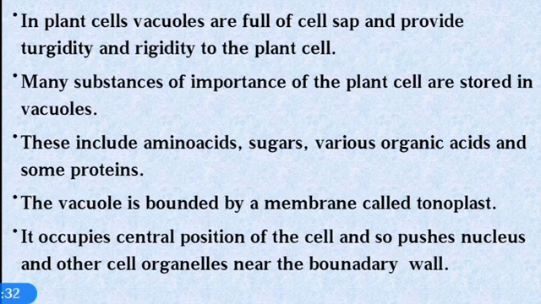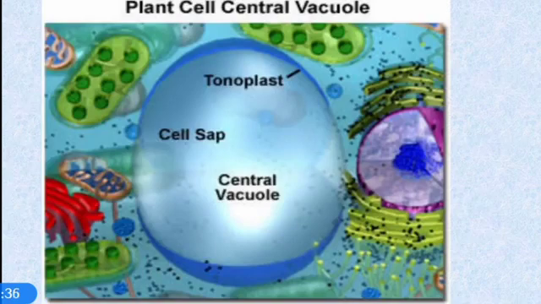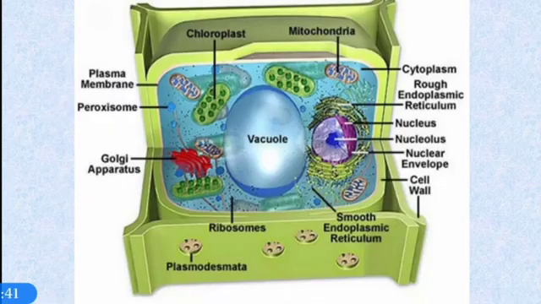Then let us study the functions of vacuoles, but first you can observe the structure. This is a plant cell. In the plant cell, the vacuole occupies a central position of the cell. Hence, it pushes the other cell organelles towards the boundary wall, that means the cell membrane.